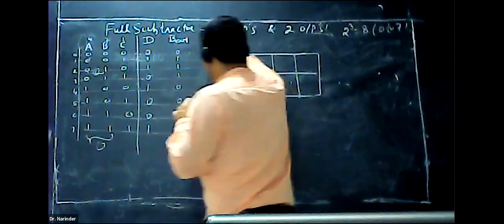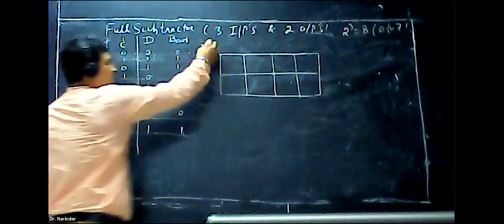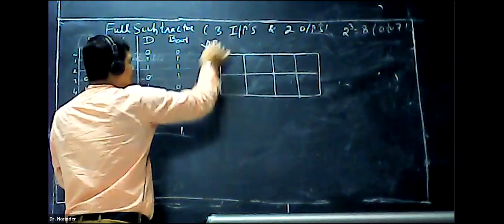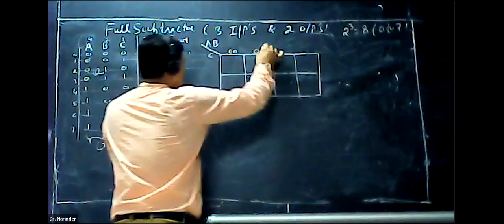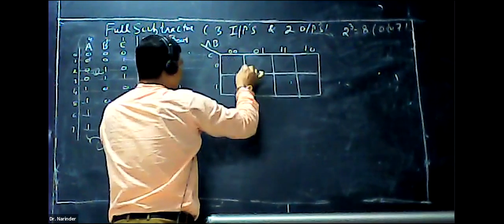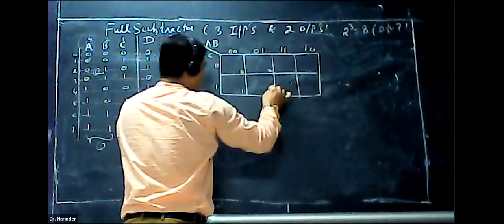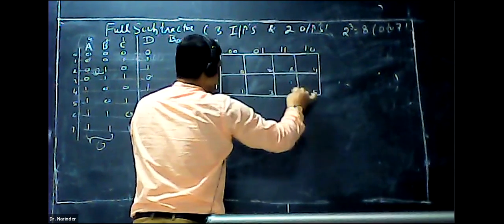This side would be A, this side would be B, this side would be C. Write it 0, 0, 0, 1, 1, 1, 1, 0, here 0, 1, number it as 0, 1, 2, 3, 4, 5, 6, 7.